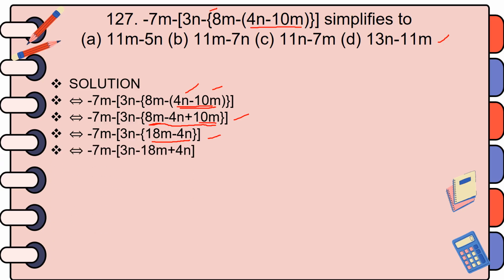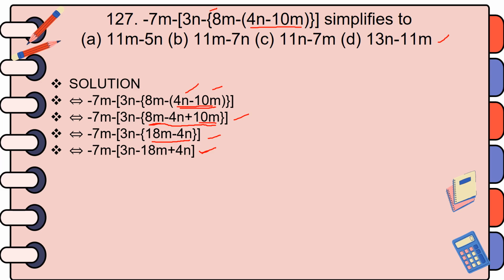Then you can rewrite again this equation in such a way, and the brace will be eliminated. So you have the equation minus 7m minus, in a bracket, 3n minus 18m plus 4n. Since we distribute the negative sign to both the numbers, the brace is cancelled out.